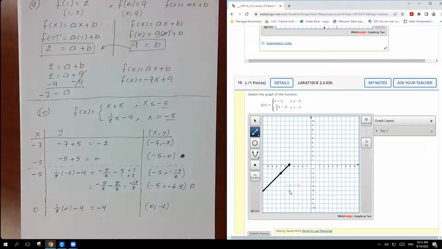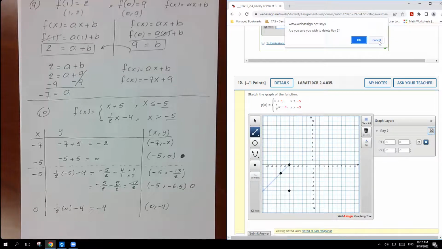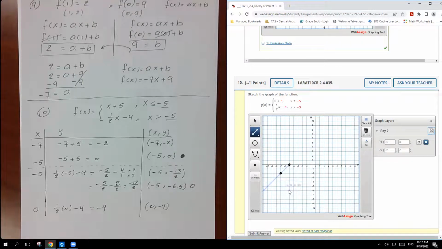So what I'm going to do, I'm going to grab the whole line. It says ray 2. No, so we have to keep going. So here's the first point. Let's grab the second point, 0, negative 4. Here is 0, negative 4.